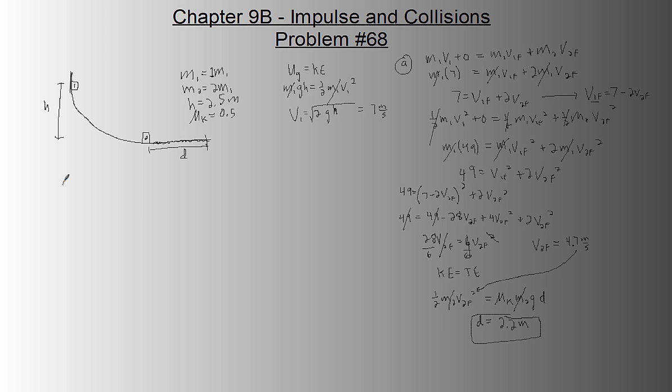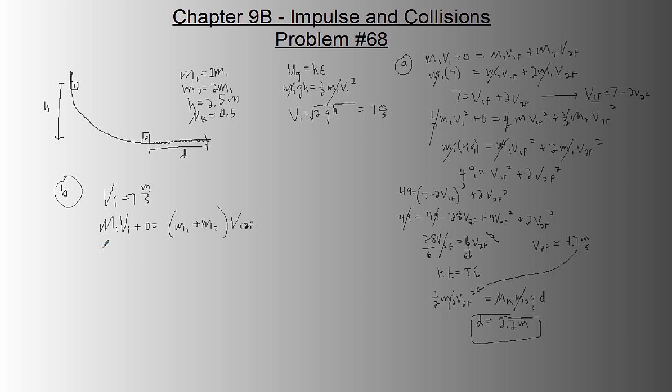So that's part A. Let's do part B over here. And the only difference is it's an inelastic collision, so we don't have to deal with this whole kinetic energy stuff because it doesn't apply. Same initial velocity of 7. I'm just going to rewrite it here. And this equation just changes slightly. We got m1 v initial plus 0 equals, they stick together, so m1 plus m2 quantity times v12 final.